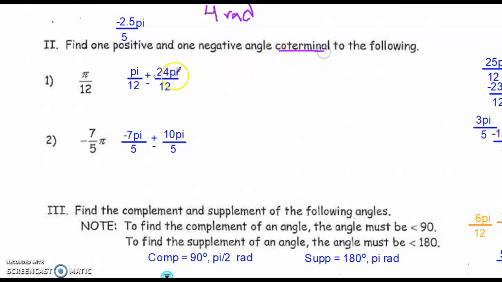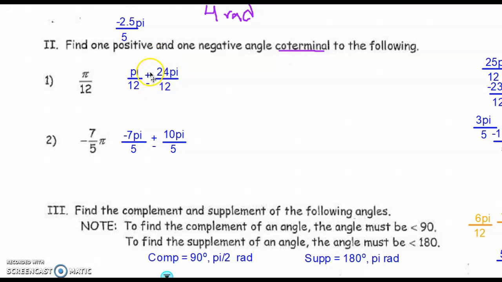Coterminal. That just means all we have to do is add and subtract a whole circle. Well, in radians, that's 2 pi. And in twelfths, that would be 24 pi over 12, which is 2 pi. Again, as I told you, we are going to be very good at reducing fractions and finding common denominators and things like that.